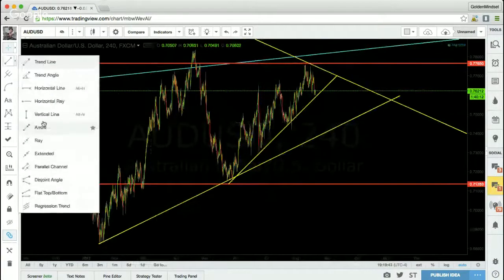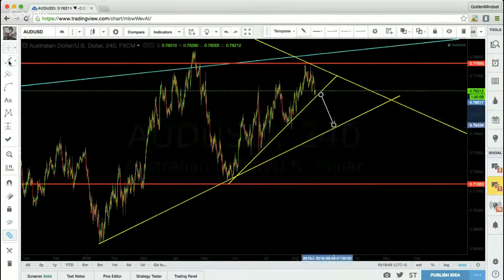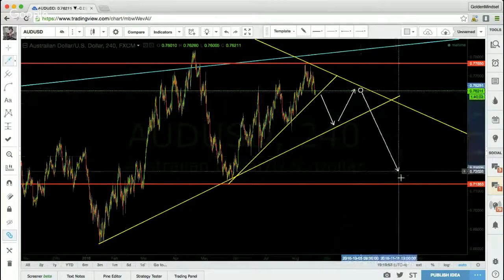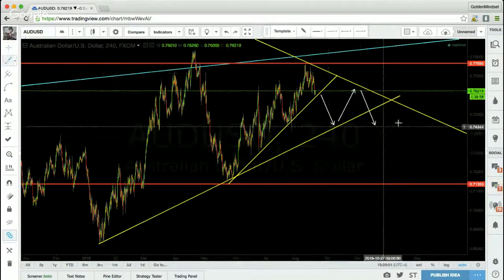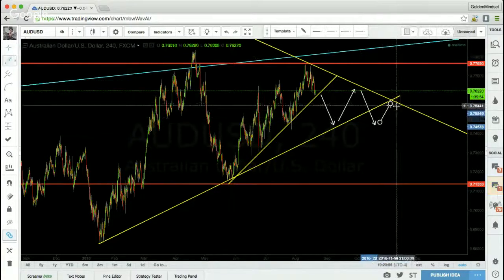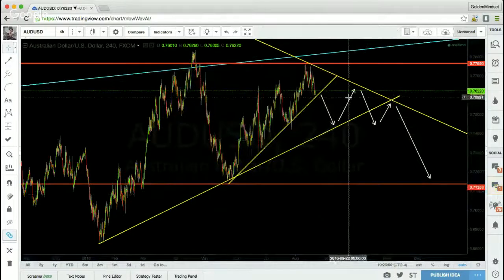Because look, what I'm expecting the market to do is bounce back up somewhere around there. Then I'm expecting the market to break, like I said, probably there, retest the level, and the market will actually go down. So this is what I'm expecting the market to do.